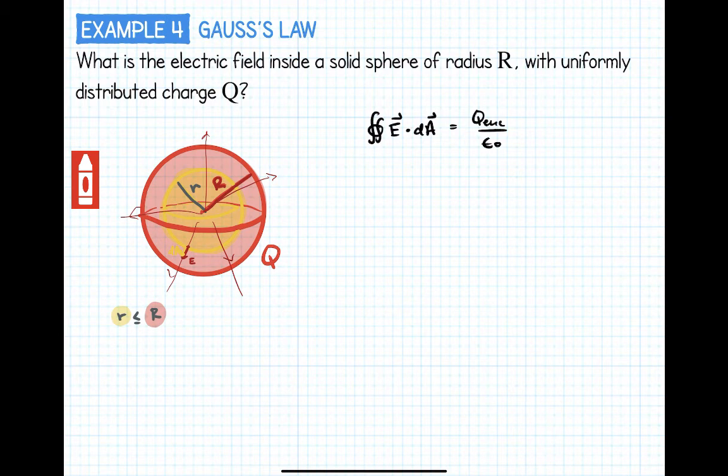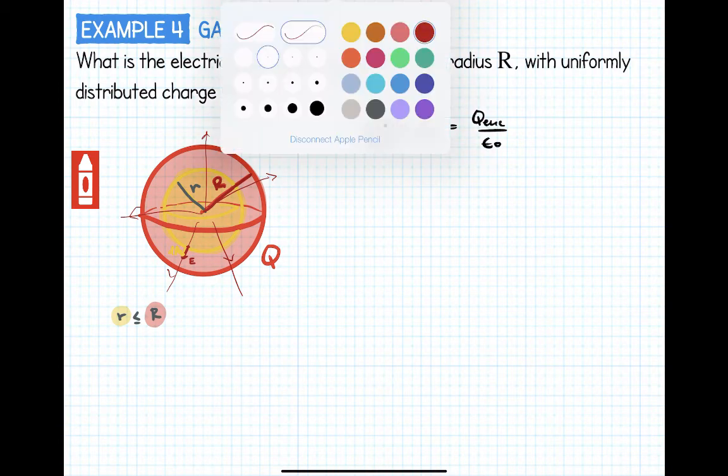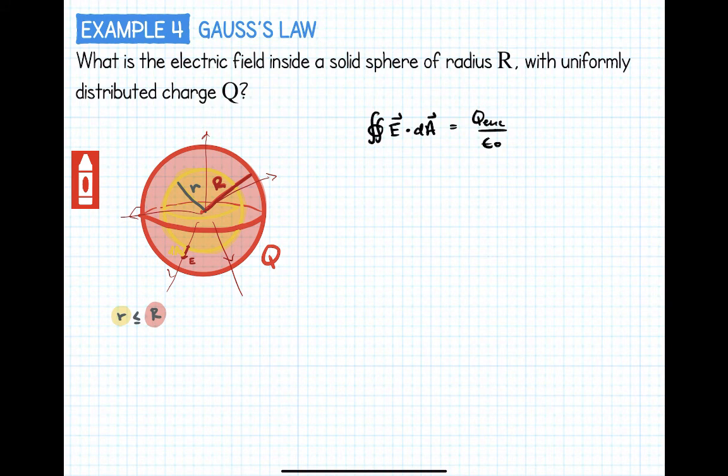So we've chosen this sphere of radius r that's inside of our big sphere for our Gaussian surface. And now, because of the way we chose it, the electric field is constant at all points and perpendicular to the surface at all points of this Gaussian sphere. So just like before, the beginning of this problem starts kind of the same way.